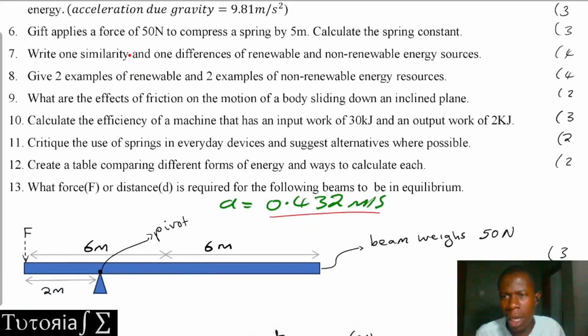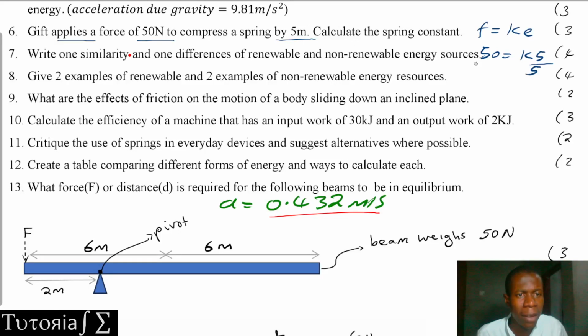Gift applies a force of 50 newtons to compress a spring by 5 meters. So we know force is directly proportional to extension. So force, 50, is equal to k times the extension, which is 5. So we just divide by 5 on both sides.